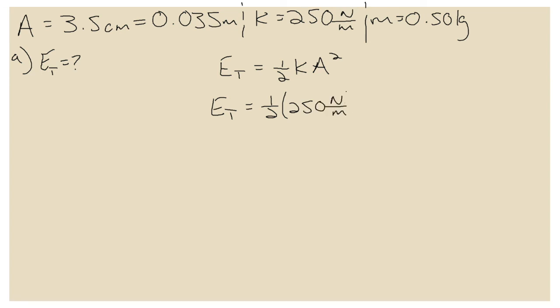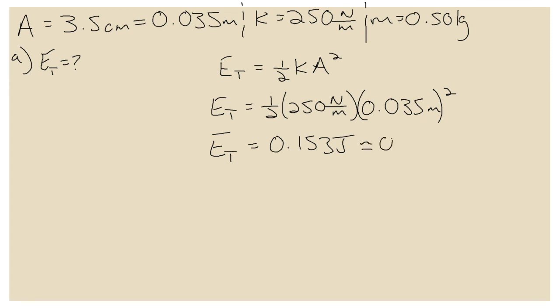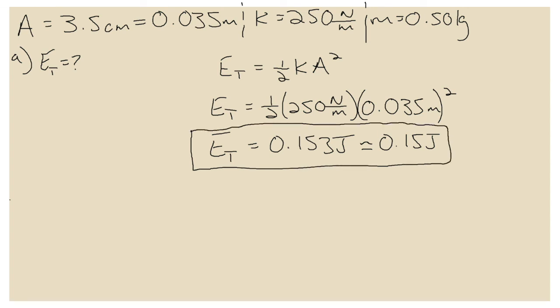We have 1/2 of 250 newtons per meter times 0.035 meters, and of course, we have to square that amplitude. When you do that math, you end up with a total energy of 0.153 joules, which we can say is approximately equal to 0.15 joules. And that's it for part A.